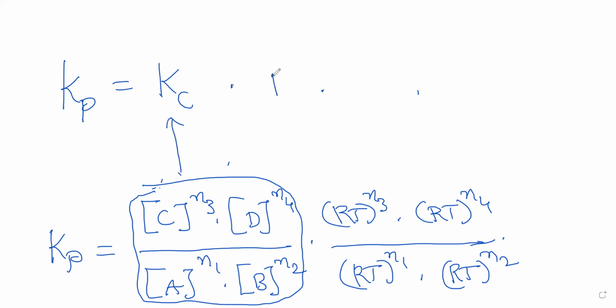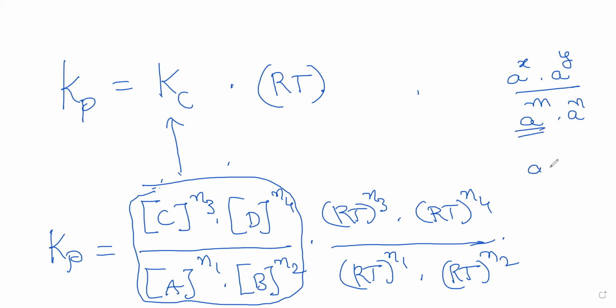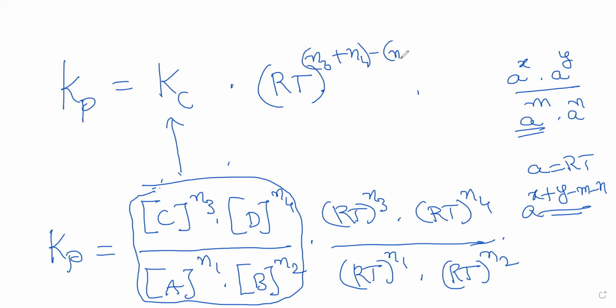And now this is RT whole to the power of, see, this is like a power x into a power y divided by a power m into a power n, where a is our RT. Now what will it be? A to the power of x plus y minus of m minus n, right? So RT whole power n3 plus n4 minus of n1 plus n2.